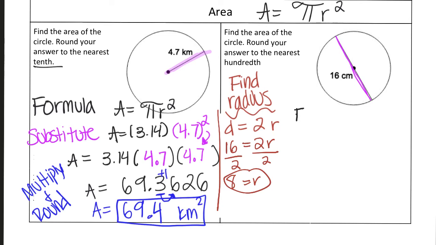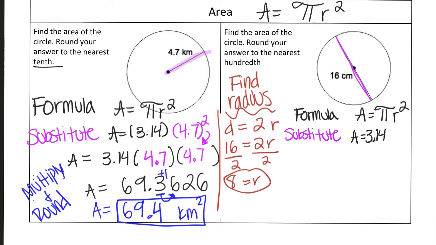Then I'm just going to move on with my formula like normal. So I'm going to write my formula. Area is pi times the radius squared. Then I'm going to substitute what I know. Area is 3.14 times 8 squared.